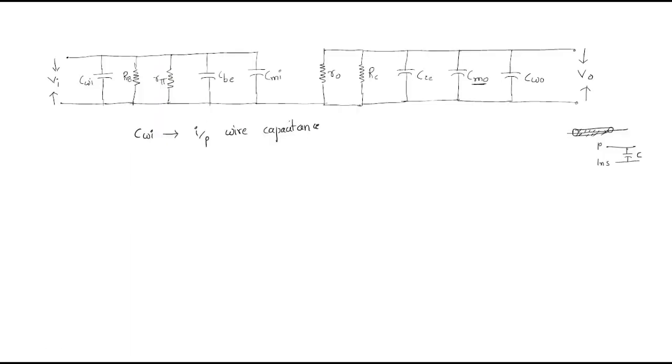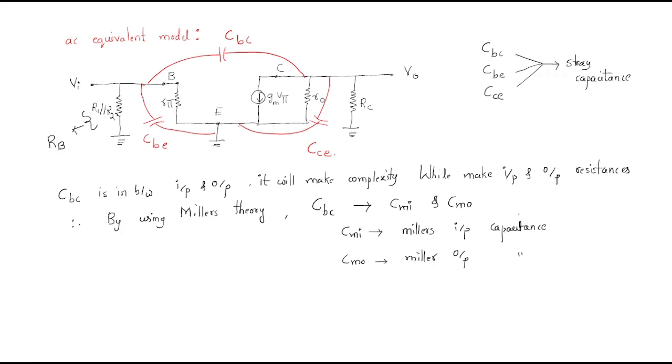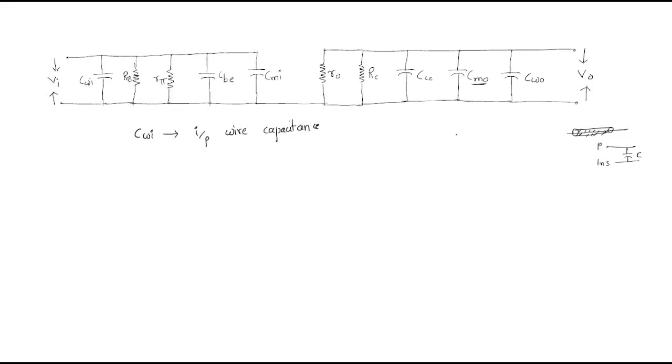And next CMO, which we divided using Miller's concept. This is the CMO, and this is the CWO. CWO means output wire capacitance.